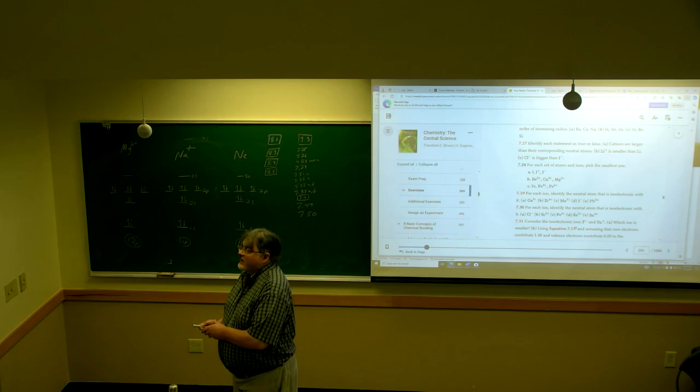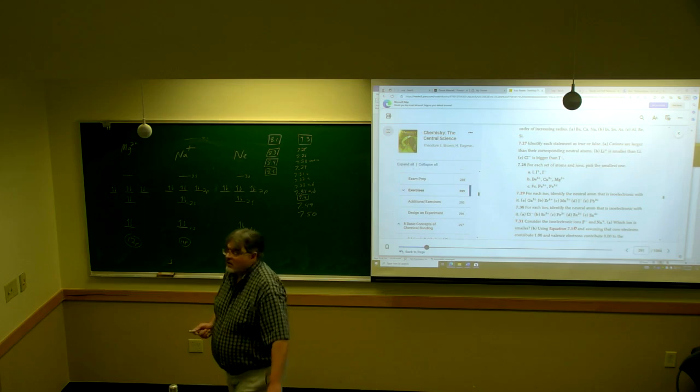So what's isoelectronic with gallium, calcium, and potassium? Ions, but also neutral. Gallium will lose 3 electrons, calcium will lose 2, potassium will lose 1.